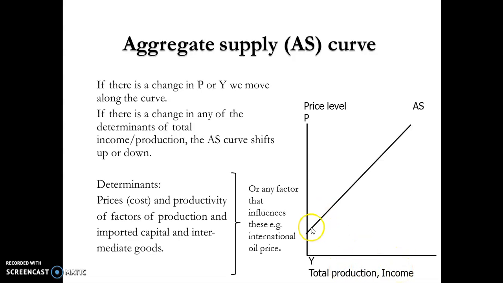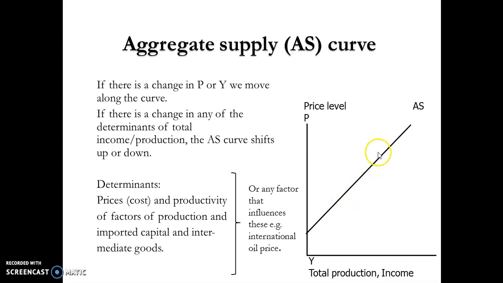So if there is a change in any of the determinants of total production or income, so these are the determinants, so the prices or the cost and productivity of the factors of production, or imported goods, imported capital goods used in the production of goods and services or intermediate goods, that would result in a shift of the aggregate supply curve. So distinguish between the shift versus a movement.